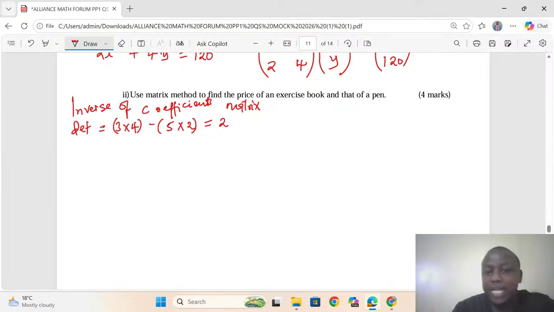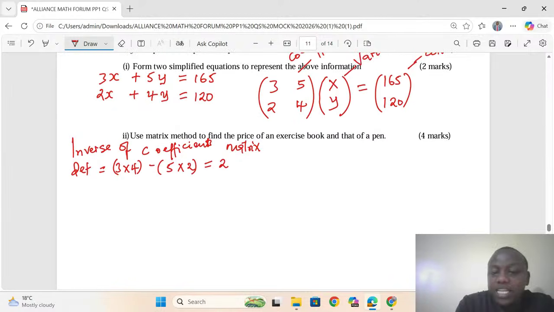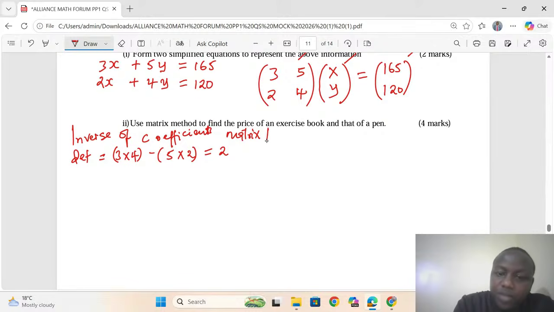We have the determinant. So we are supposed to divide every element by the determinant. But for the elements in the main diagonal, we exchange their positions. For example, 4 takes that position and 3 comes down here. Then for elements in the other diagonal, we change their signs.